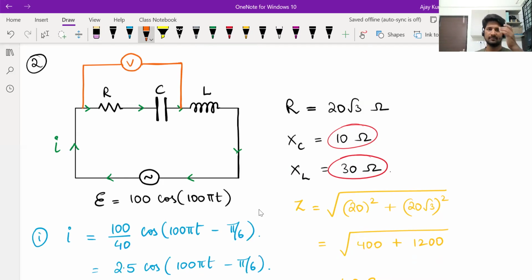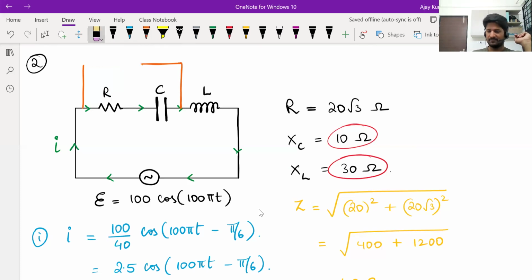Oh, then same thing, sir. First we find VR, then VC, and then subtract. You can't subtract because VR and VC are not exactly out of phase. They only have a phase difference of pi by 2 between them. Means when one is 0, the other will be maximum, or maybe when one is 0, the other will be negative maximum. So they are not exactly doing opposite things.